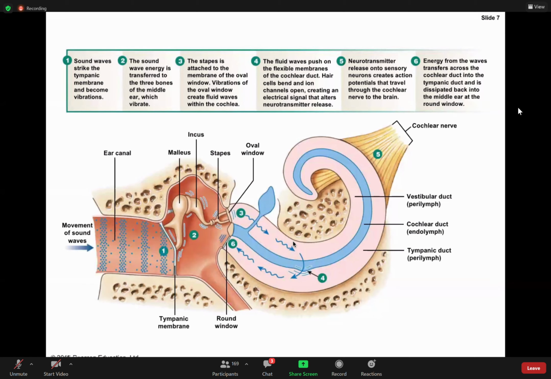These fluid oscillations are going to displace the vestibular duct along with the cochlear duct, and they're going to give us different types of frequencies. So based on where this is perceived, we have the energy signals that are taken up by the vestibulocochlear nerve.